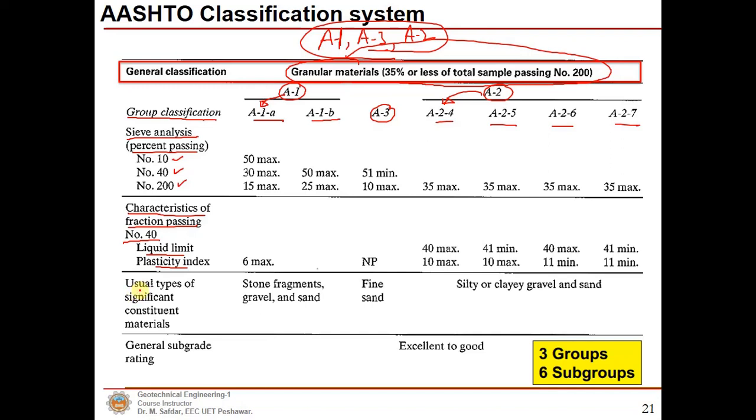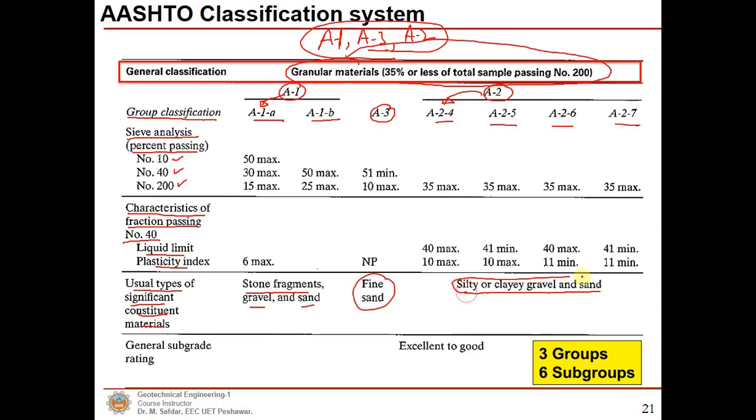This table also gives us the usual types of significant constituent materials. For example, A1 material means that these have stone fragments, gravel and sand. A3 material is fine sand. A2 material is silty or clay, gravel and sand.